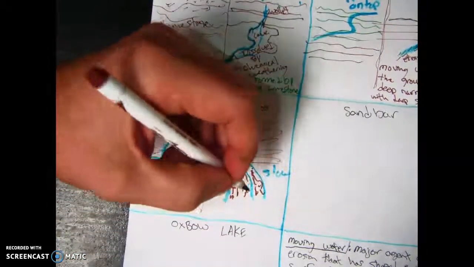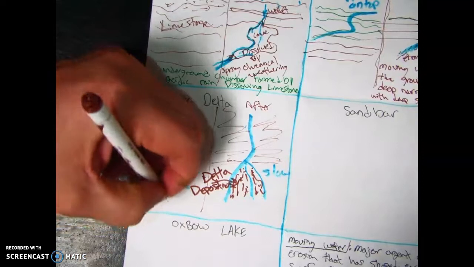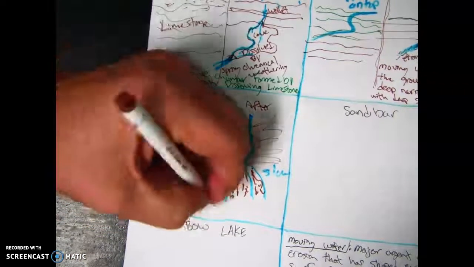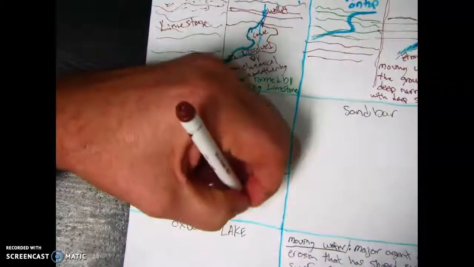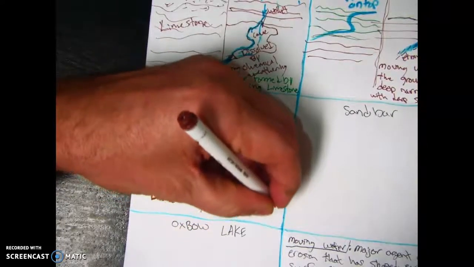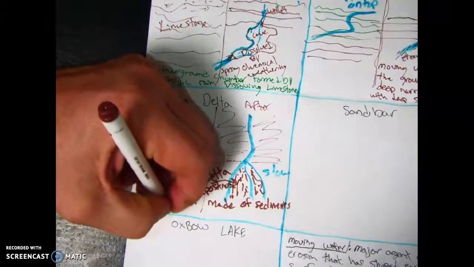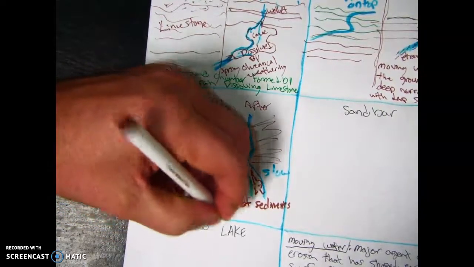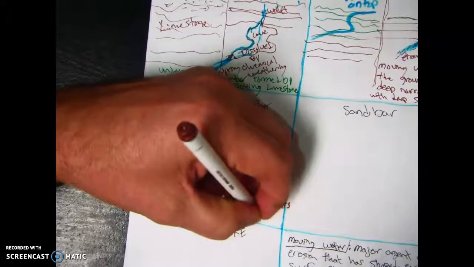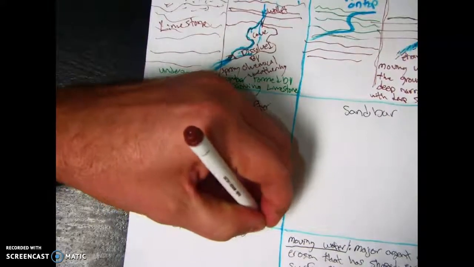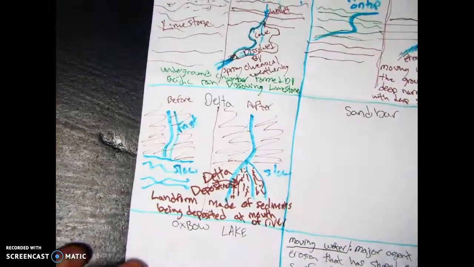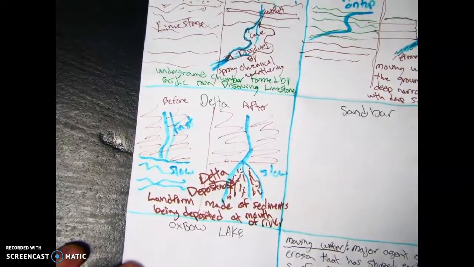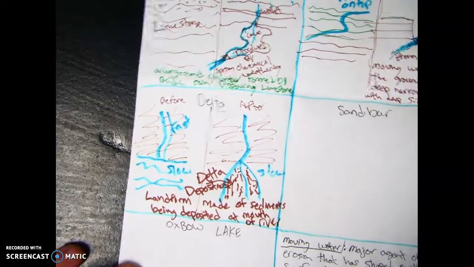Landform made of sediments being deposited. The mouth of a river, where it flows into a lake or ocean.